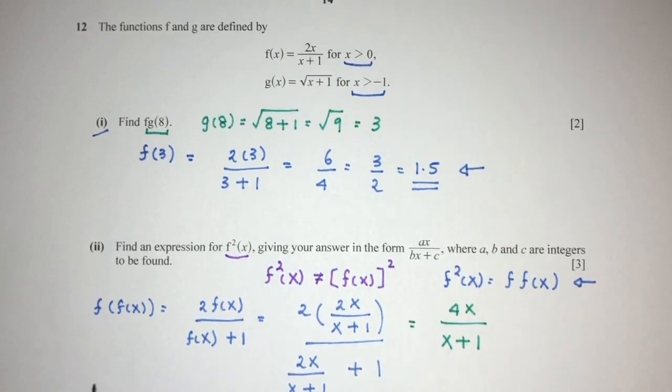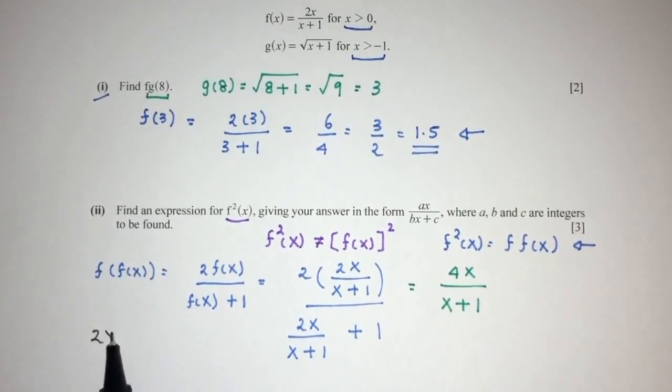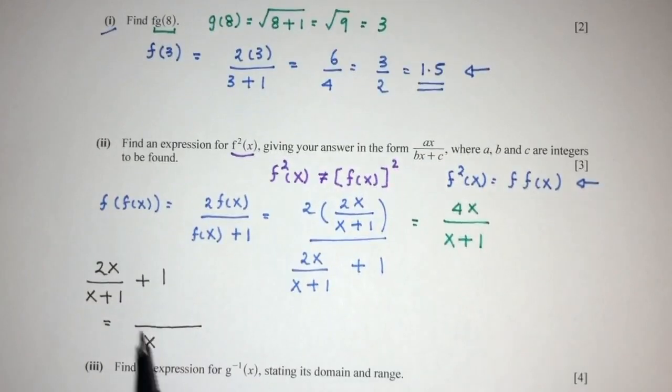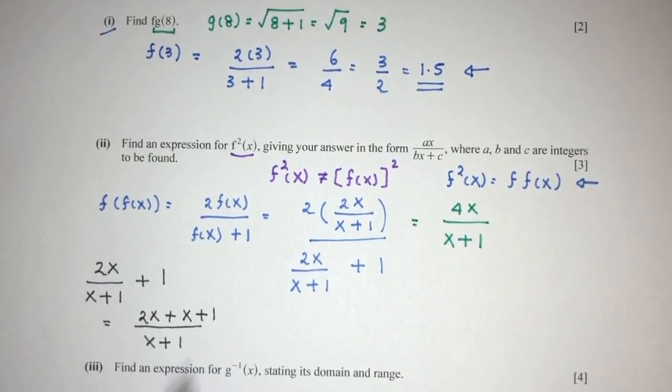On the base we have 2x over x plus 1 plus 1. We have to make this become the same base. So same base will be x plus 1. That will be 2x plus x plus 1, if that makes sense, right? Then that will be 3x plus 1 over x plus 1.